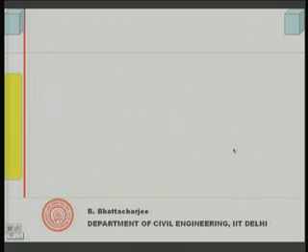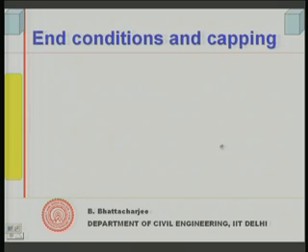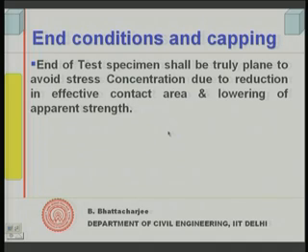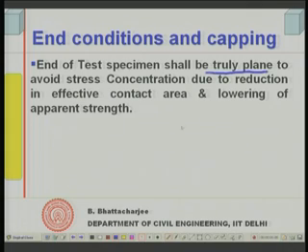Right. So, the first factor that affects the strength is the end condition of the test specimen. Now, the first thing is that it should be truly plane. You are testing a cube, and you apply load through these surfaces.